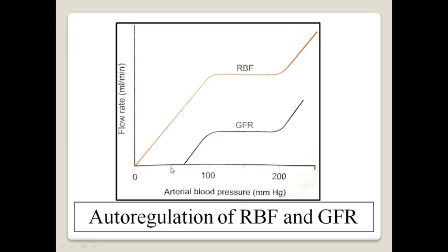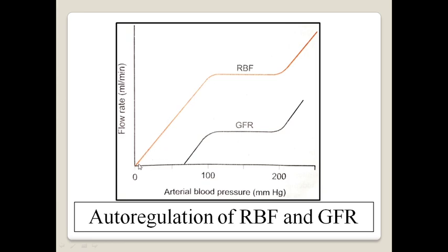Up to the pressure of 0 to here, suppose 50 or 60 mm of Hg, and this is around 100 mm of Hg. So if the arterial blood pressure is increasing, then what is going on here? Renal blood flow is increasing in a linear line.